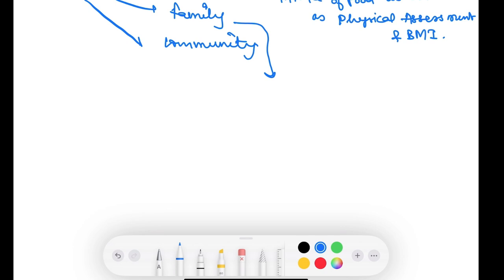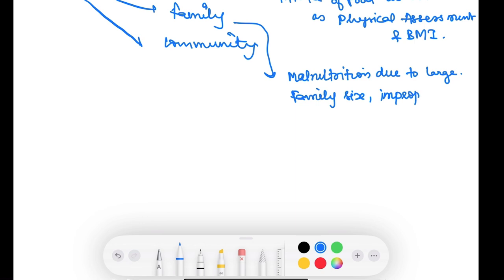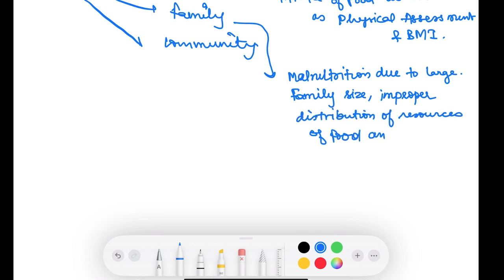So that is malnutrition due to either large family size or improper distribution of food, of resources, among family members, or improper cooking habits.